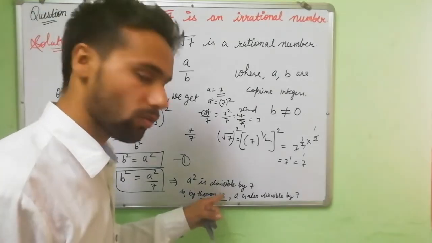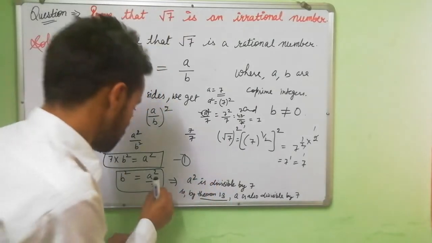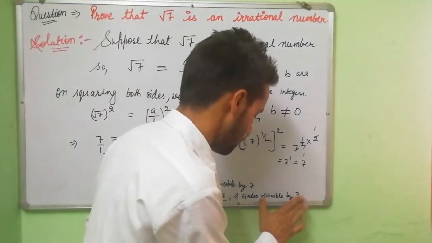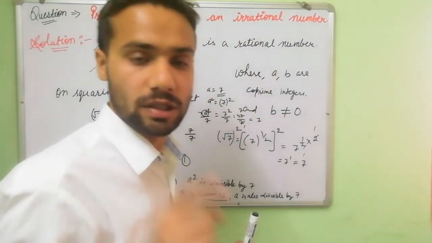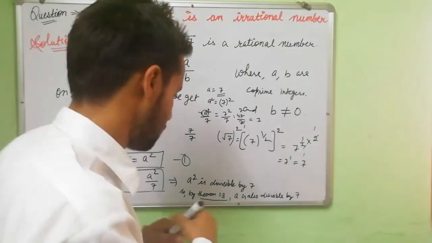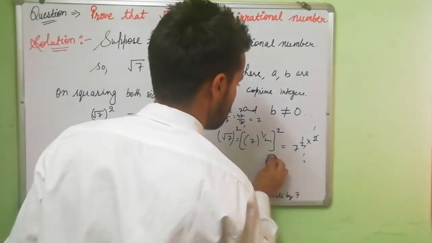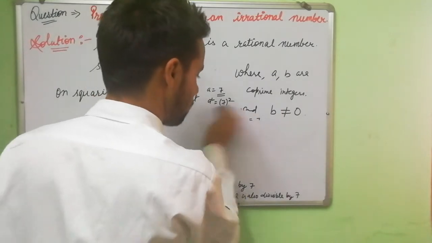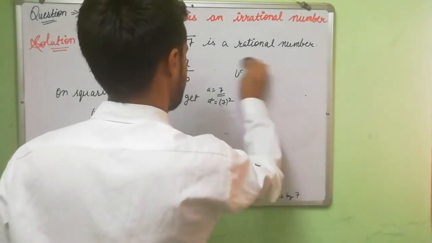This is theorem 1.3. So if 7 can divide a, that means 7 is a factor of a.